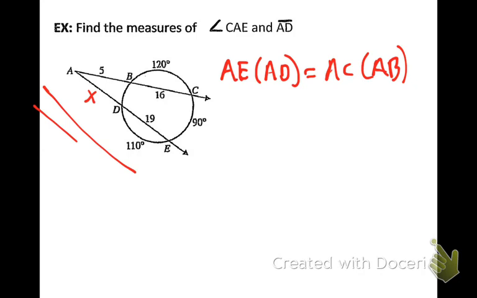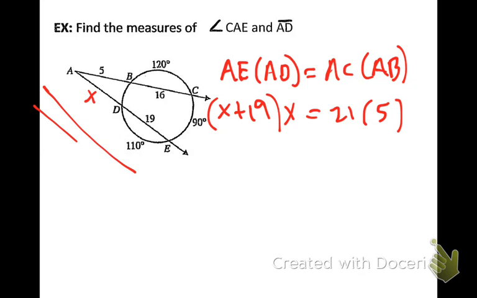We'll call that X. So we would have, AE is 19 plus X, or X plus 19. AD is X. That equals, AC is 21 times AB is 5. Right?